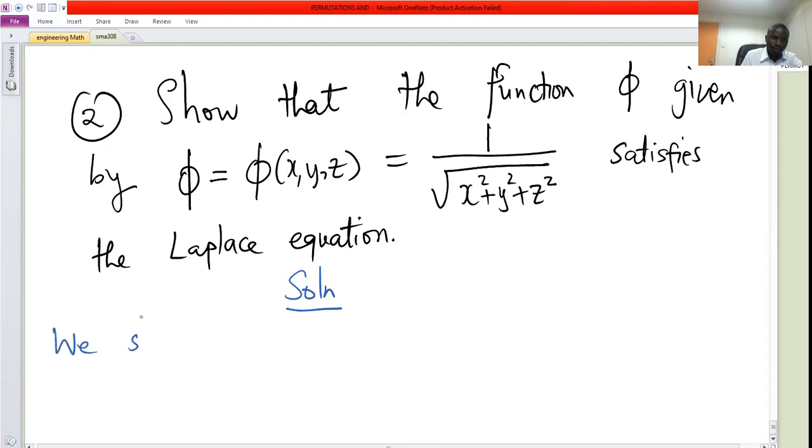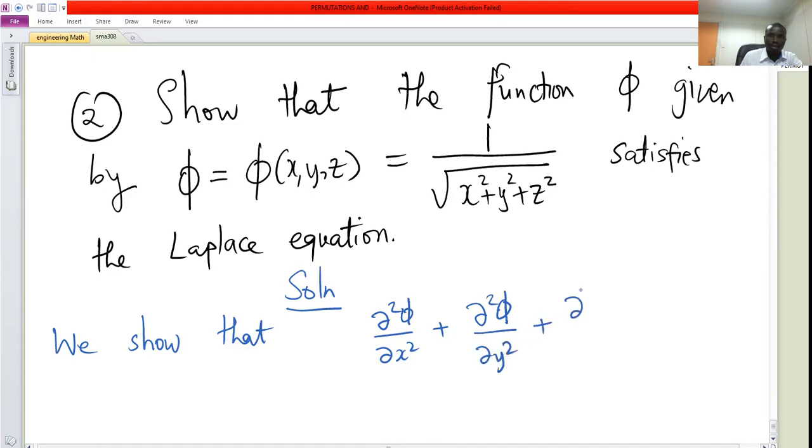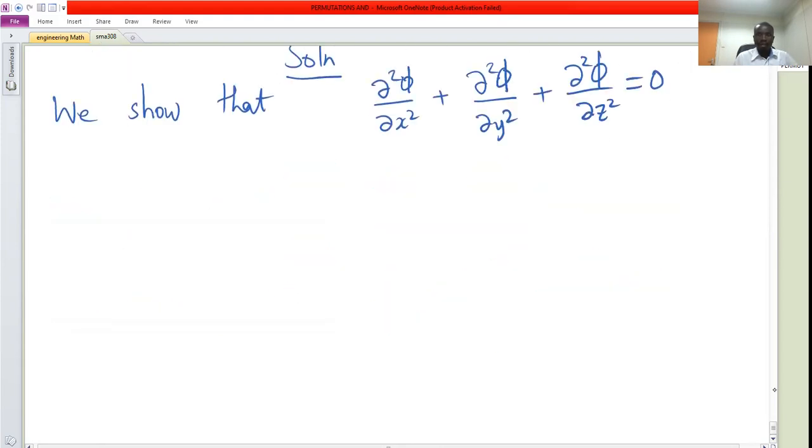We show that partial squared phi partial x squared plus partial squared phi partial y squared plus partial squared phi partial z squared equals 0. The function is phi, so we use phi instead of f.